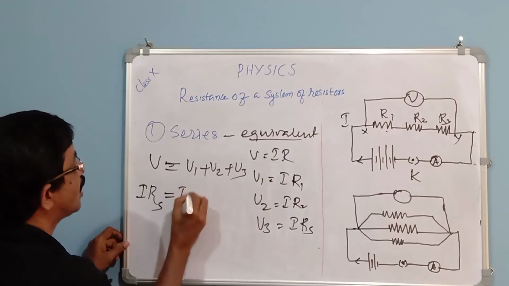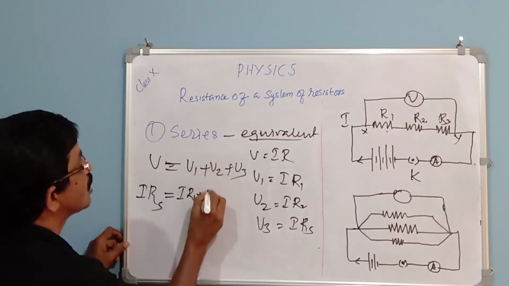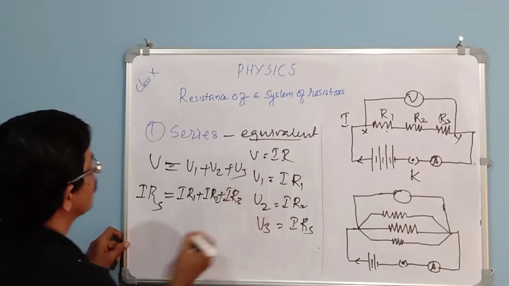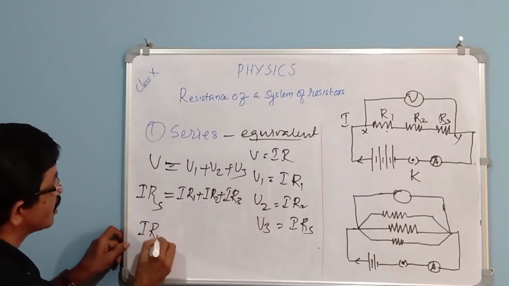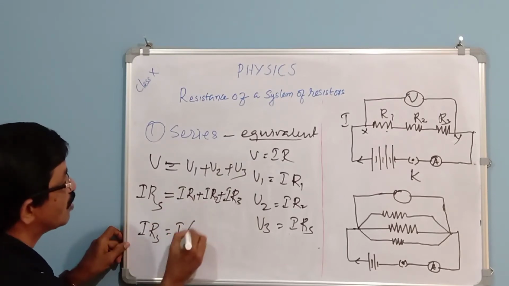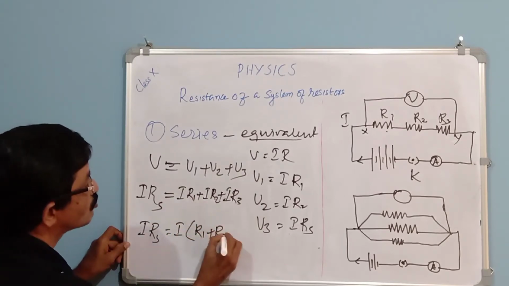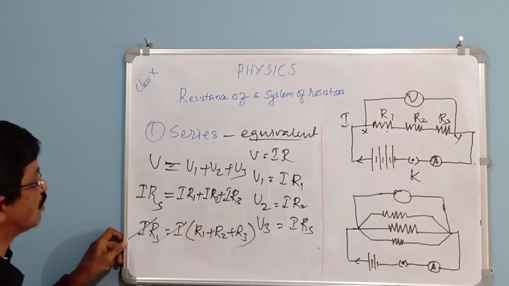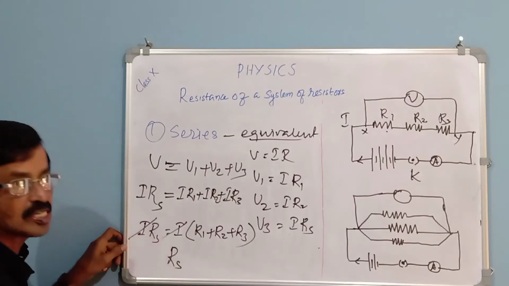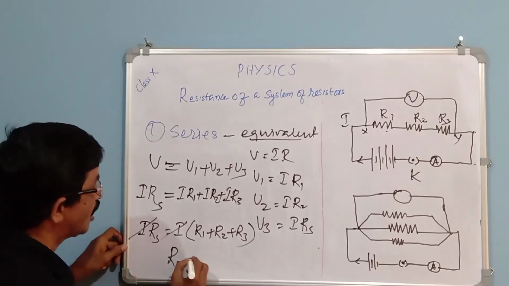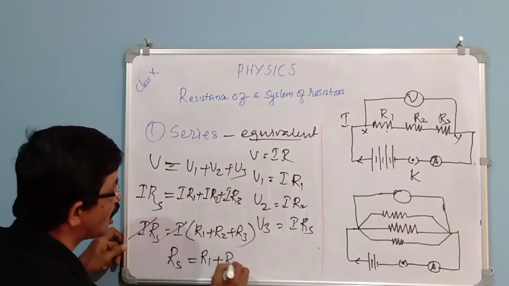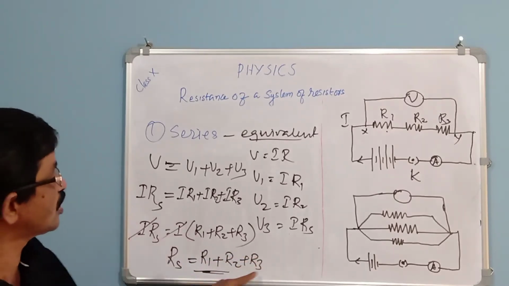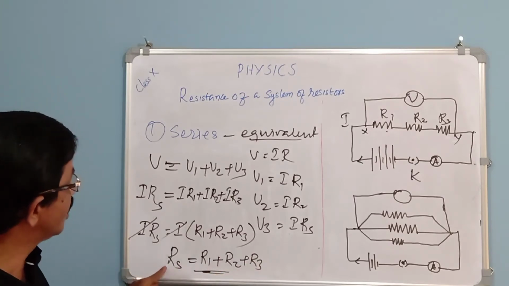Similarly, V1 is IR1, V2 is IR2 and V3 is IR3. So I Rs equals I times R1 plus R2 plus R3, taking I common. We can cancel I from both sides. What we get is the equivalent resistance Rs equal to R1 plus R2 plus R3. That means the equivalent resistance is the sum of the resistances of the resistors.